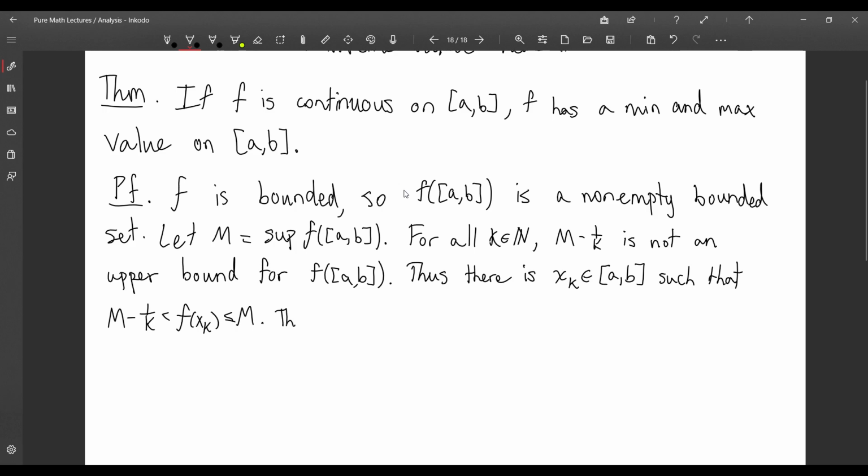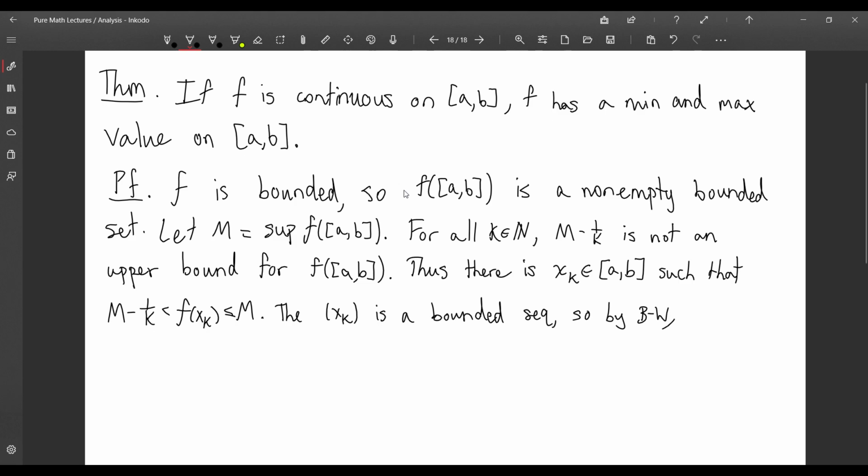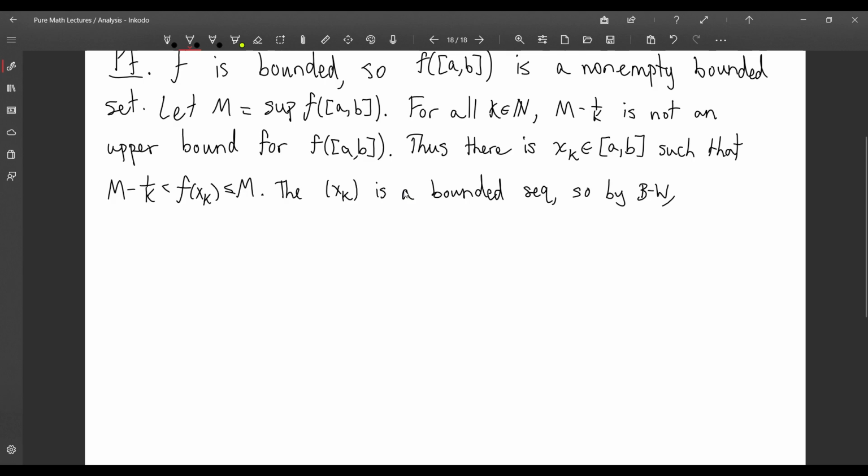Now the x sub k is a bounded sequence. So by the Bolzano-Weierstrass theorem, which I'm just going to abbreviate as BW, there is a convergent subsequence, x sub n sub k, which converges to some limit value p.